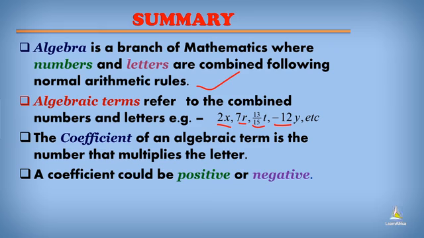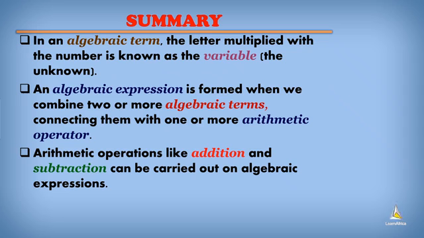Next, the coefficient of an algebraic term is the number that multiplies the letter. Okay, we also learned that a coefficient could be positive or negative. Going on, we learned that in an algebraic term, the letter multiplied with the number is known as the variable as well as the unknown.